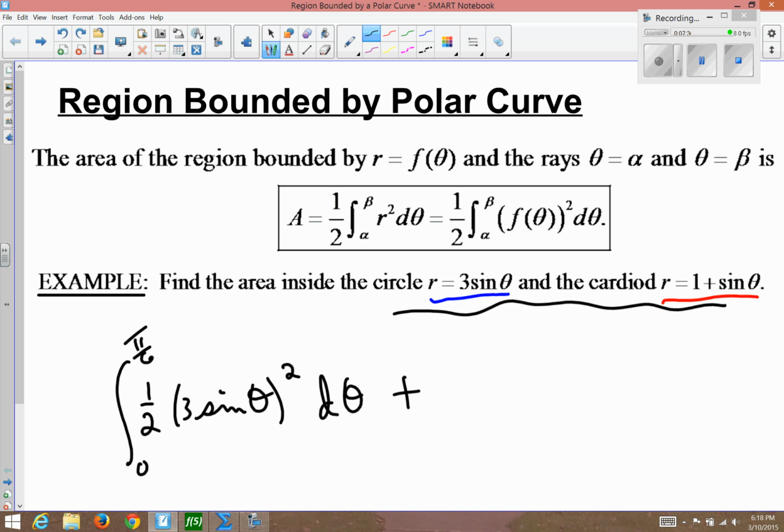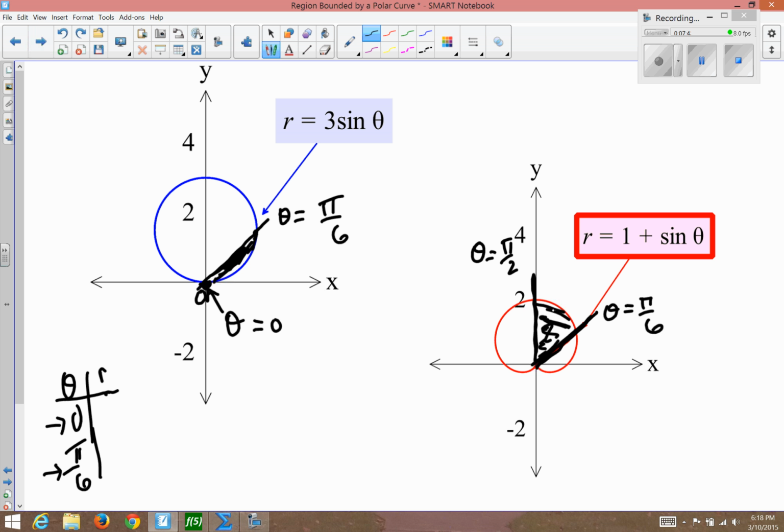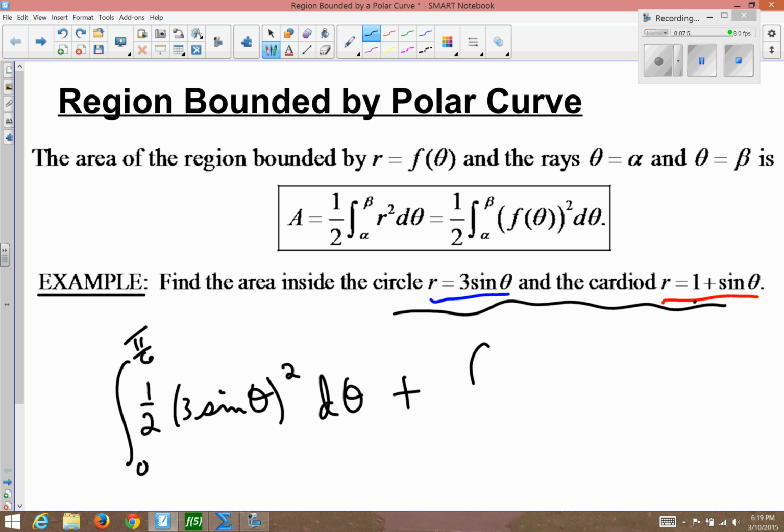And then we have to add on the red part. This red region here is from theta equals pi over 6 to theta equals pi over 2. One half r, the r for that red part is 1 plus sine theta. 1/2 r squared d theta.